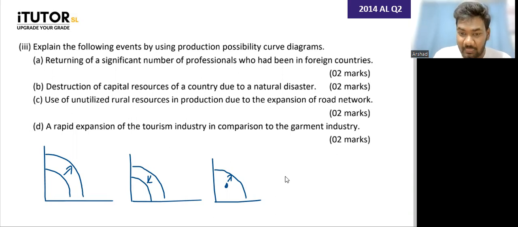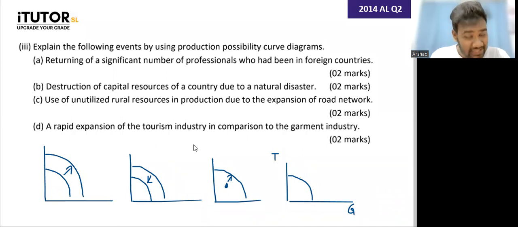Then the last one, how do we show this? A rapid expansion of the tourism industry in comparison to the garment industry. So you will have to, for example, draw the PPC for both. You have to draw tourism and garment. So they are saying a rapid expansion of the tourism industry in comparison to the garment industry.